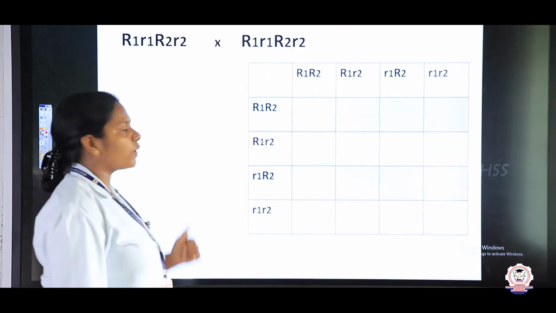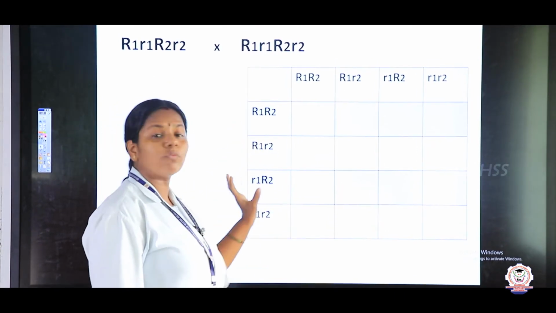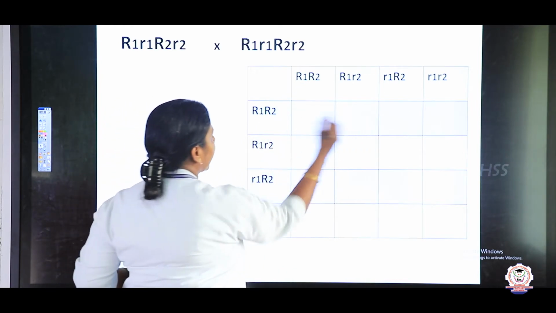Now children, we are going to cross the F1 hybrids. So in the F2 generation, what are the combinations we get? Just tell me, children, what are the combinations you get?